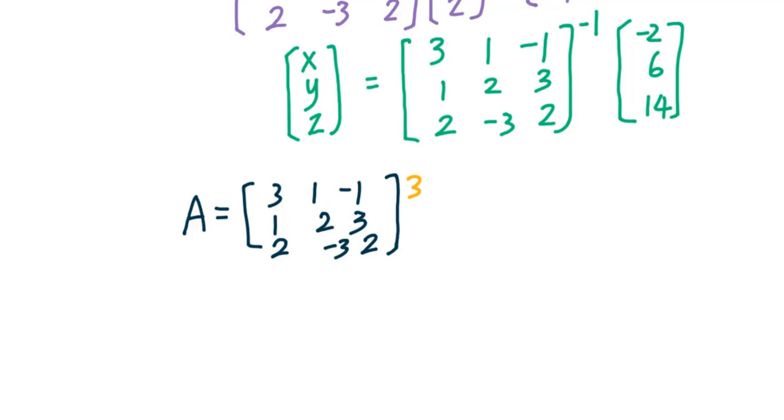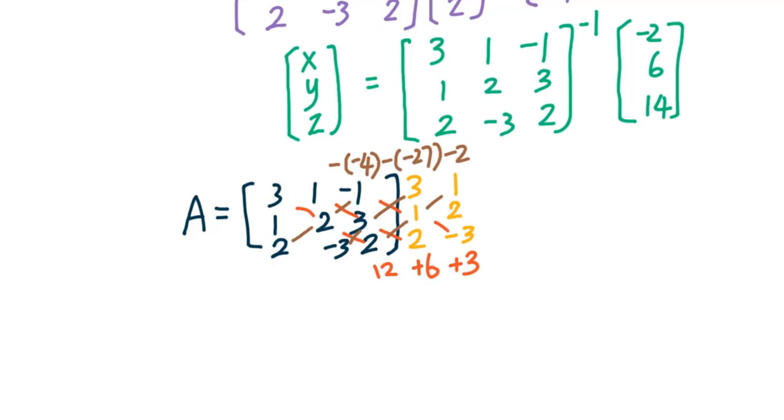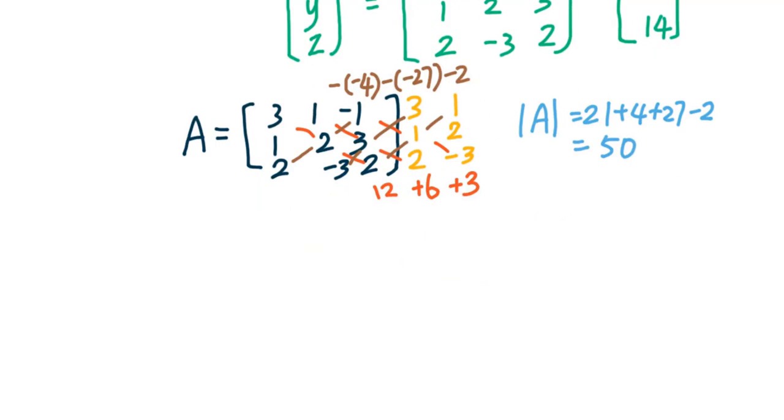So I will write down 3, 1, 2, 1, 2, -3 again, so we will work out the determinant of this matrix. You will get 12 plus 6 plus 3, which is 21, then plus 4 plus 27 minus 2. You will get 50.